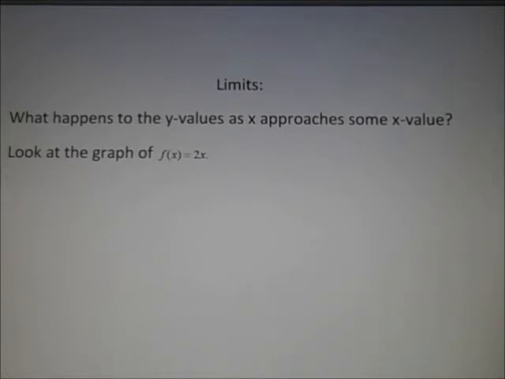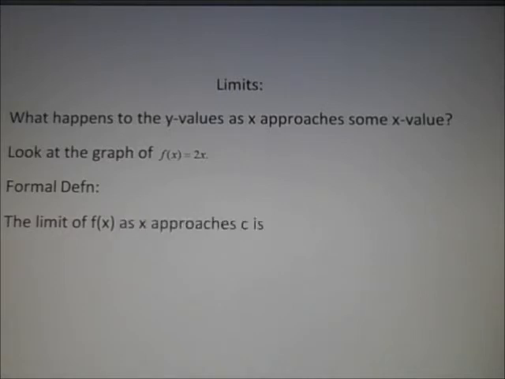Now formally speaking, how do you actually write this? And what is the formal definition? So let's start with the formal definition. The limit of f of x, so we're talking about the limit of a function, as x approaches c is equal to L. What does that actually mean?